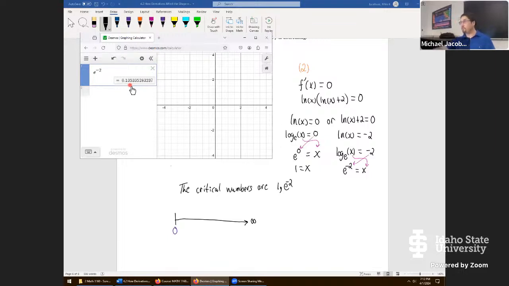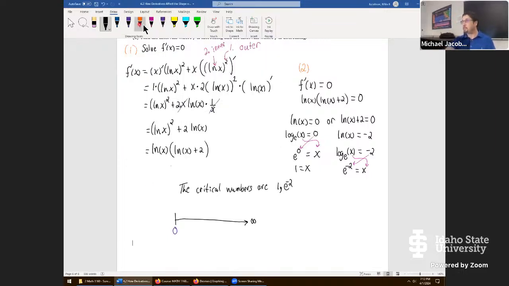That's about 0.14. So I'll put the e to the power of -2 kind of close to 0. I'm not trying to get this extremely accurately placed, just well enough so that things are arranged in an organized way. Next critical number at 1, I'll put clear over here.